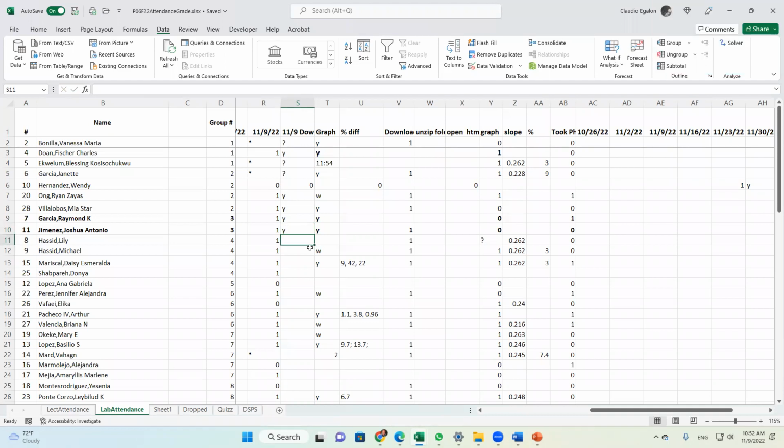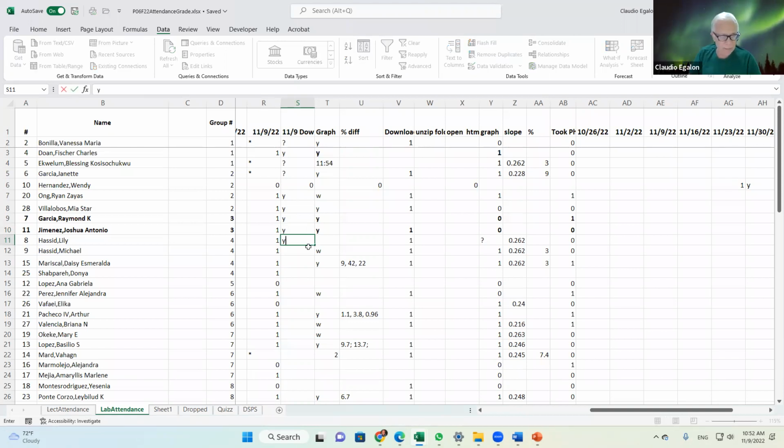Lily, did you download the spreadsheet? Okay, thank you. And next step now is to plot the graph, okay? So next here, Michael, did you download the spreadsheet, Michael? Okay, good. So next step is to plot the graph, okay? Okay, next here's Daisy. Yes.